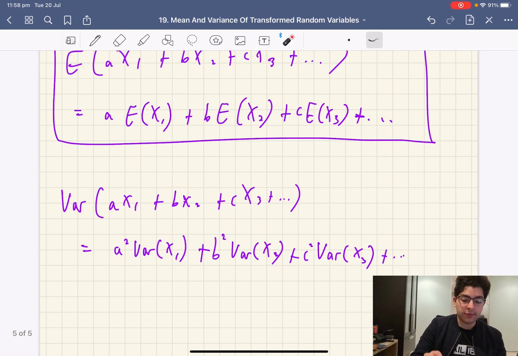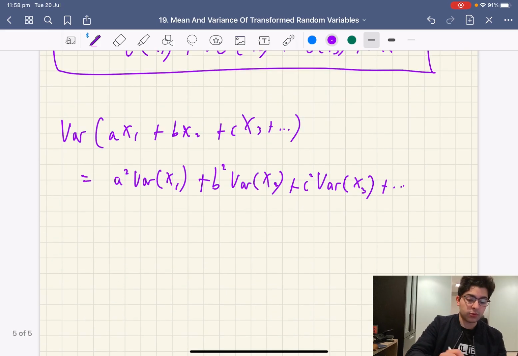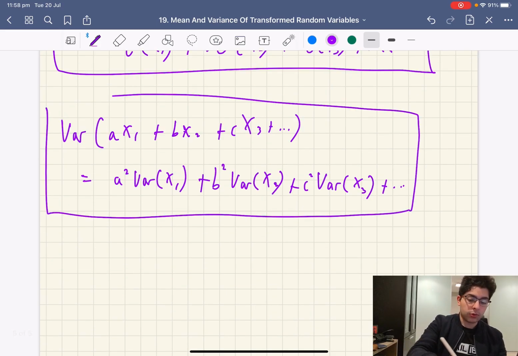As you can see, it's very similar to the E of X1 formula, except the coefficients are squared when they're pulled out on the outside. So I'm going to box this one up as well, and we'll go through a few questions.